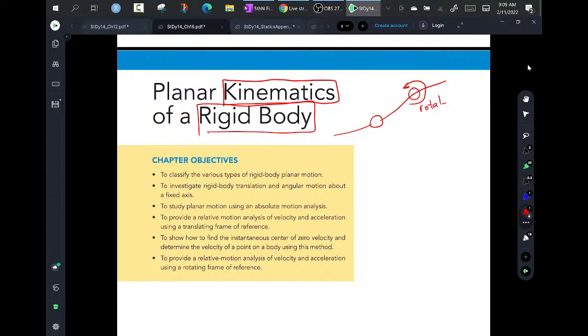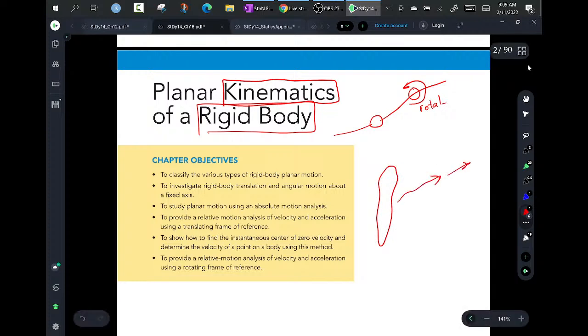So now a rigid body, you might have something like this, and as it moves, it can move along a line, but 2 points on it can move in different places, meaning the body itself can move this way, but it can also rotate as it's moving.